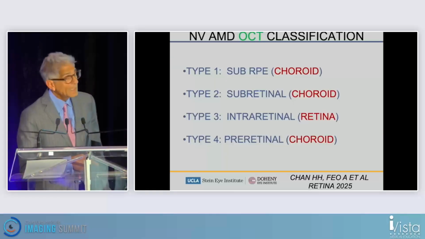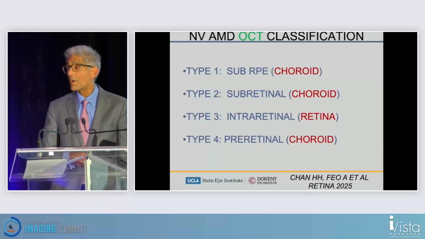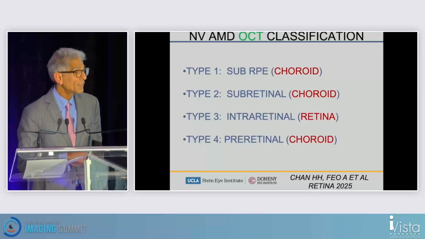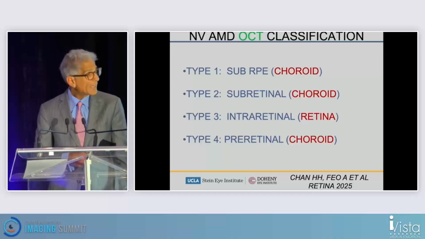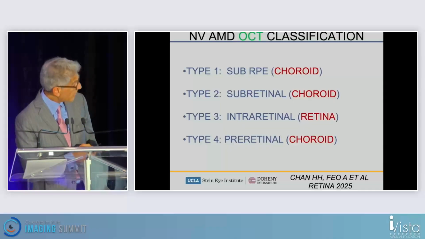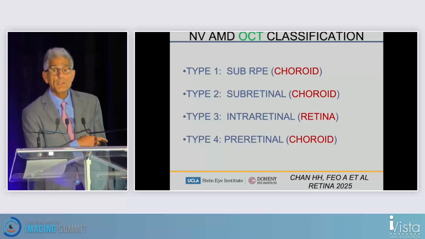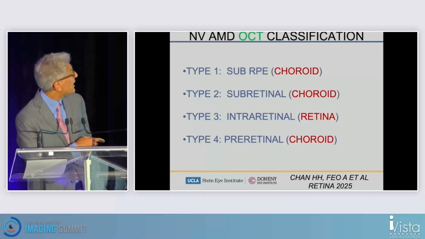So in summary, I want to bring your attention to the OCT classification of neovascular AMD. It really is now the gold standard for the grading of neovascular membranes, especially in the setting of AMD. Recognize that the most common version is type 1 under the RPE leading to PEDs, but originating from the choroid.